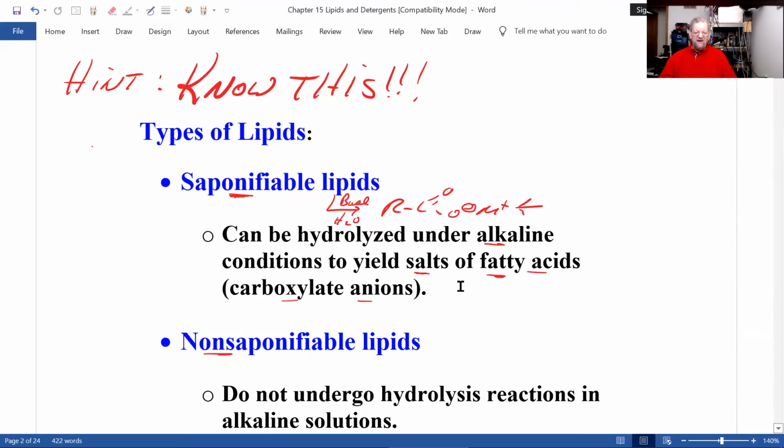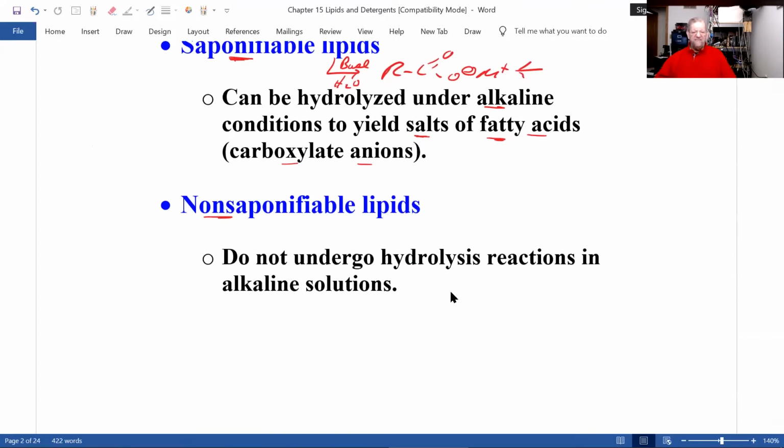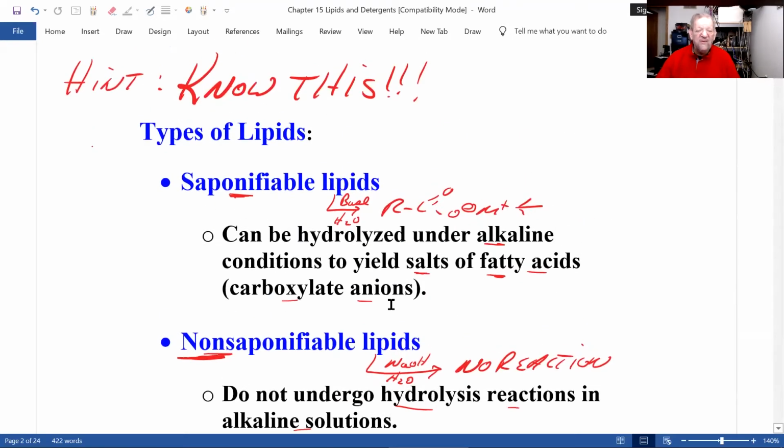Now, a non-saponifiable lipid, non meaning not, does not undergo hydrolysis under alkaline conditions. So if you take this, react it with base like this, and water, you get no reaction. So really, saponifiable lipids can be saponified to make carboxylate anions.